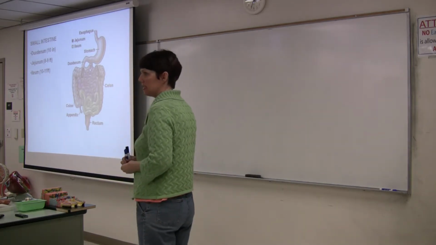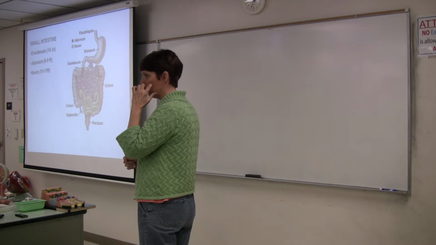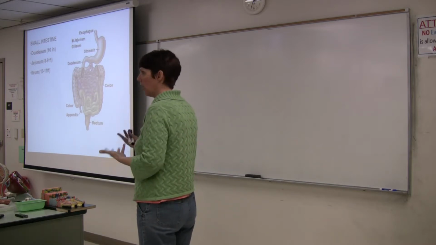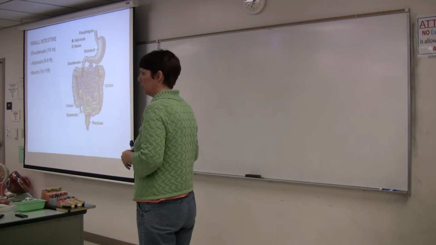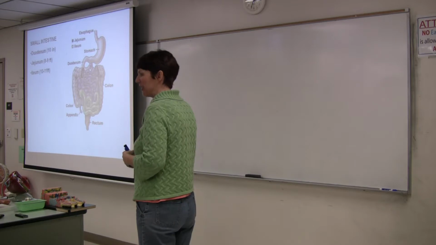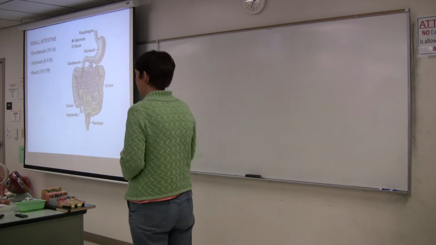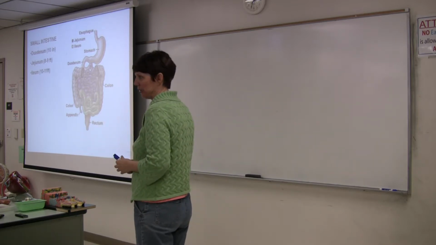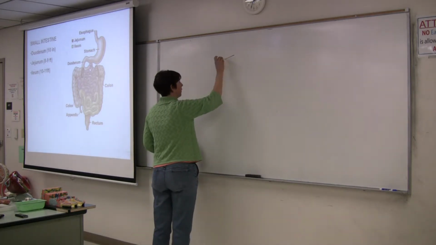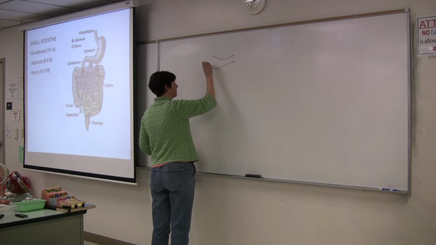The small intestine is about 20 to 21 feet long. And it looks like a coil of reproductively active snakes all moving around in there. So I'm going to give you some hints about where I would tag it because our models aren't colored like this chart is. So the stomach ends at the pyloric sphincter.